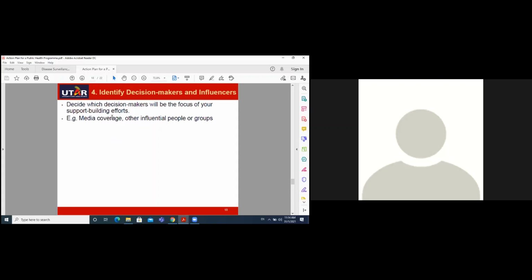The fourth step is to identify decision makers and influencers, and focus your support-building efforts to bring the gap closer, in terms of media coverage or other influential groups of people that could make your policy more effective.